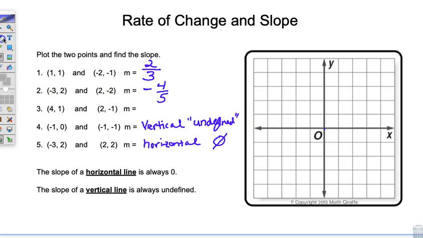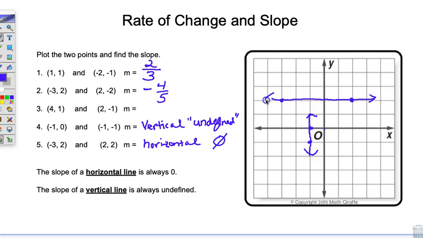So with number 4, I'm going to go to (-1, 0), that would be right there, and (-1, -1) is right here. So you can see this is a vertical line. All vertical lines we determine have an undefined slope. For the other one, if I go to (-3, 2), that would be there, and (2, 2) would be here, making a horizontal line.